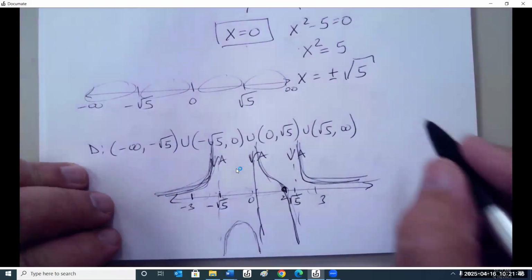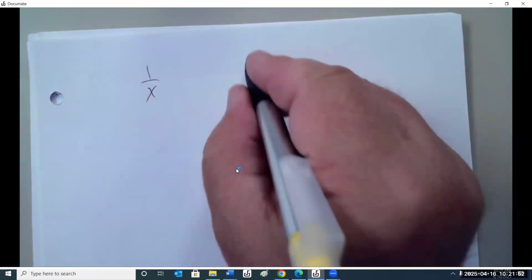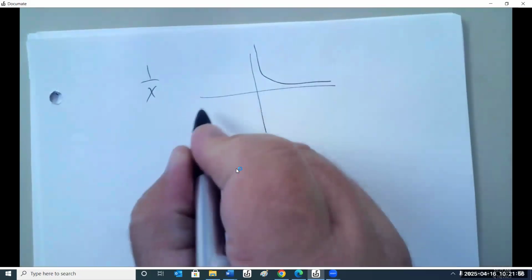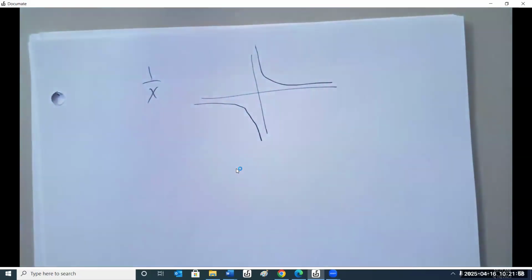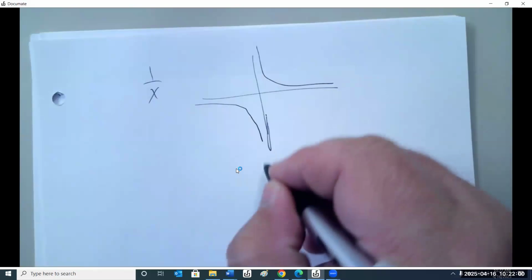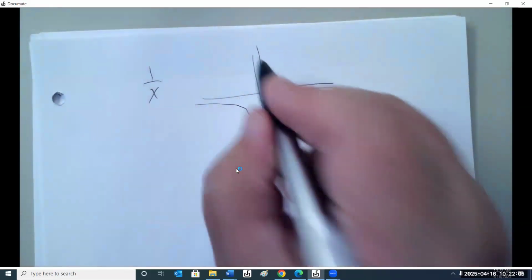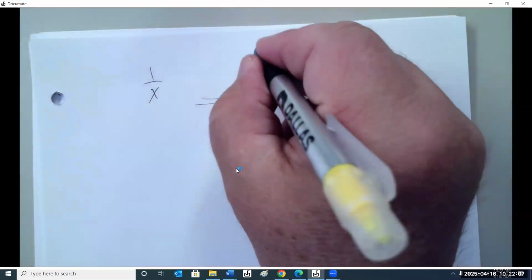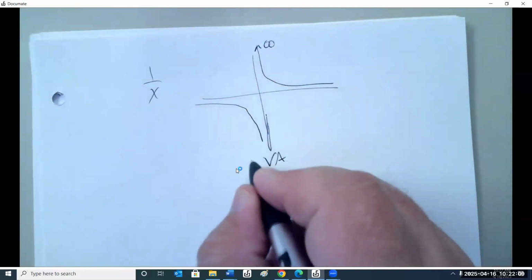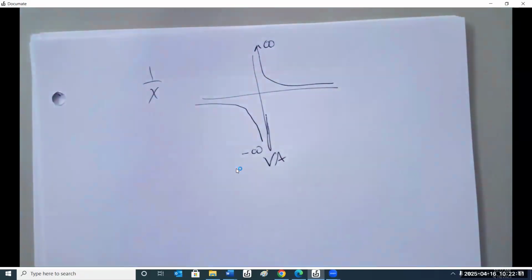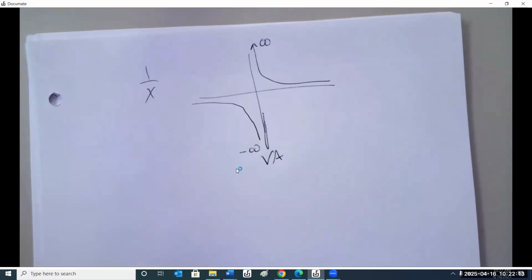Because remember when we did 1 over x, the graph looked like this. The vertical asymptote was this, that's the vertical asymptote, right? So when you approach the vertical asymptote, it has to go to either positive infinity or negative infinity as you get close to the asymptote.